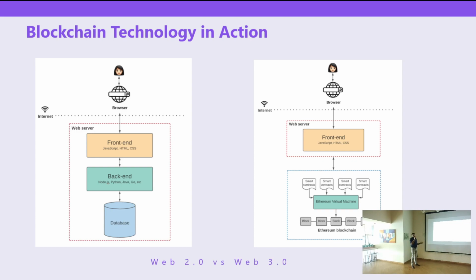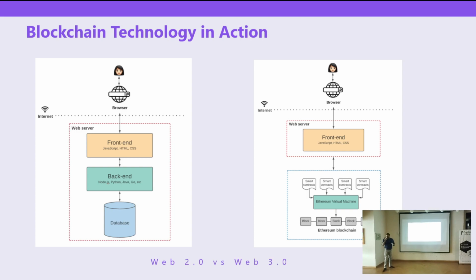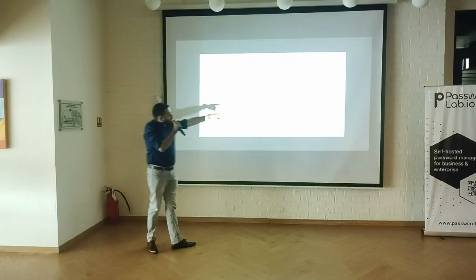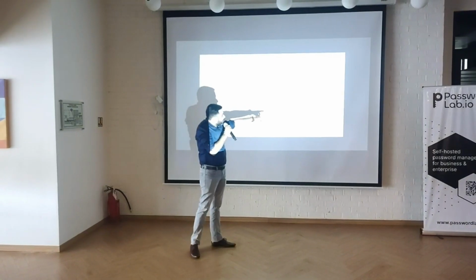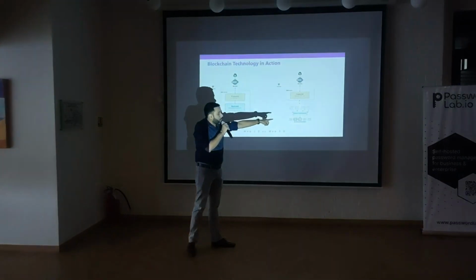And here comes Web 3.0, which talks about blockchain technology. The front end still remains the same, whether it's written in React or whatever it is. But the back end and the database have changed: you have smart contracts, then the Ethereum virtual machine, and then blocks.